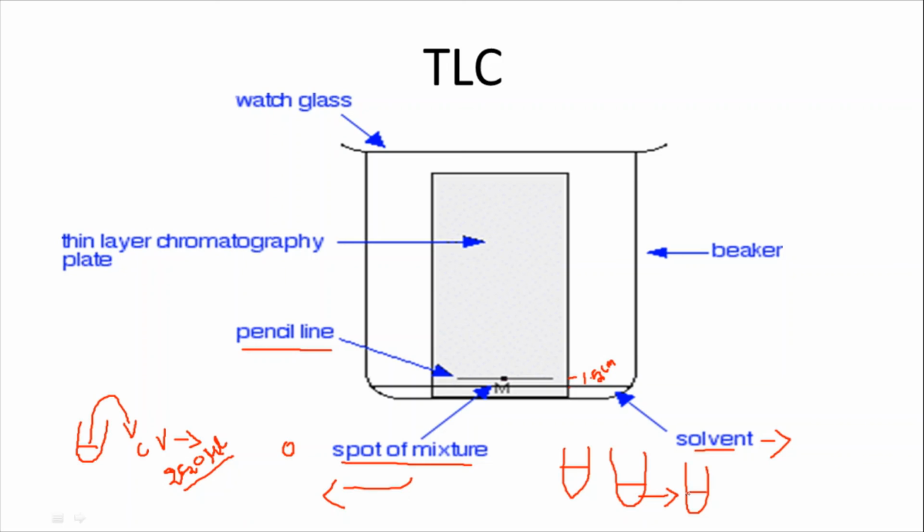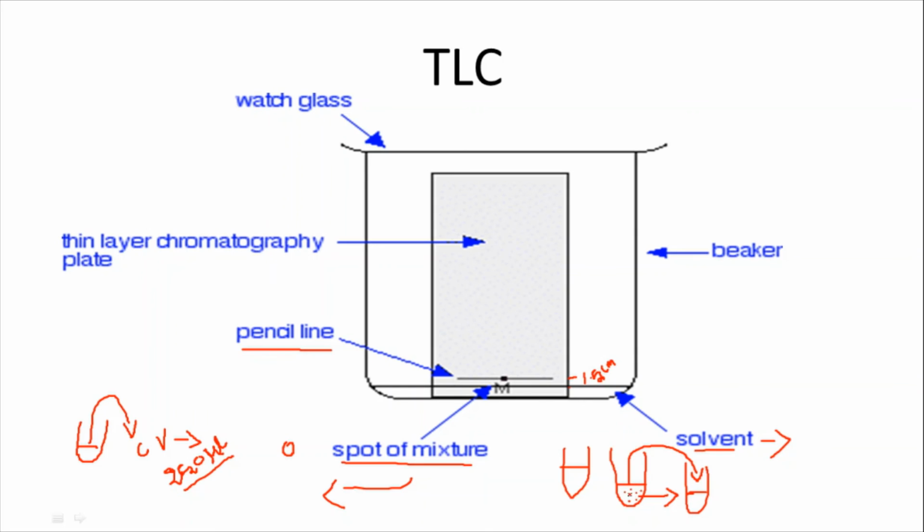Why do we allow this chamber some time? So that the chamber containing the mobile phase attains saturation. With this saturation level, the mobile phase can easily migrate through the stationary phase.